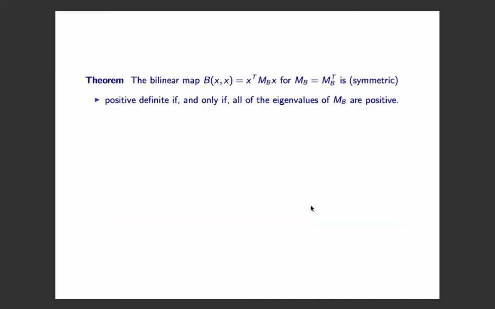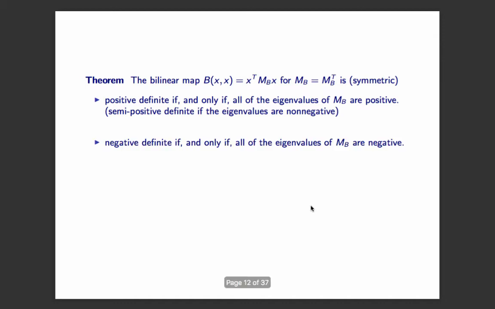So the bilinear map B(x, x), which we can think of as x transpose times M_B times x, where M_B is symmetric, is positive definite if and only if all of the eigenvalues of M_B are positive. We get semi-positive definite if the eigenvalues are non-negative.